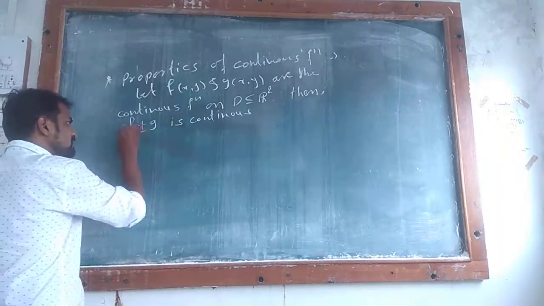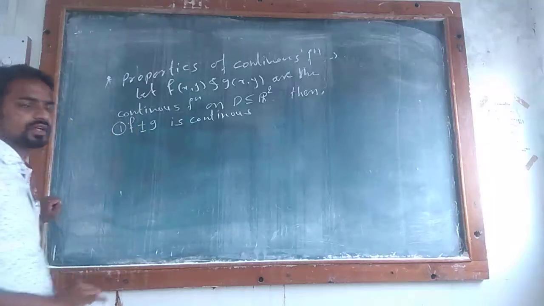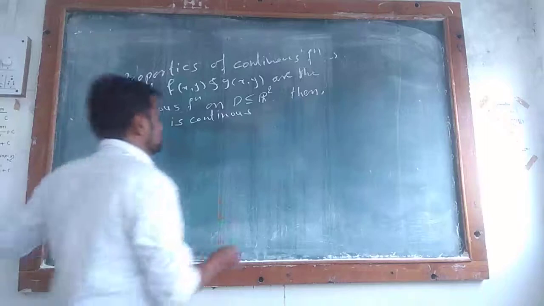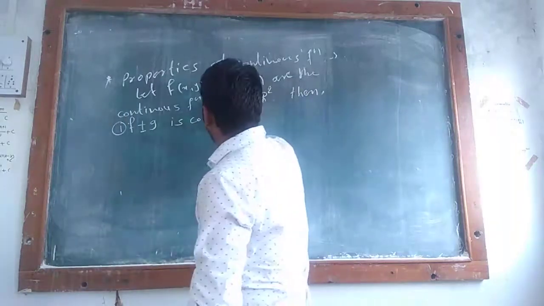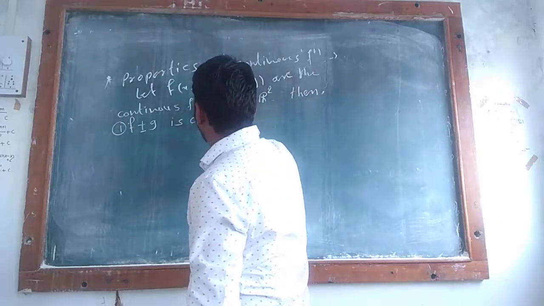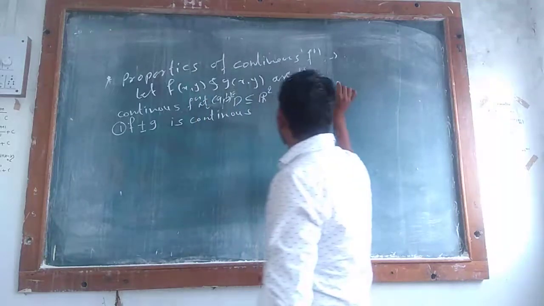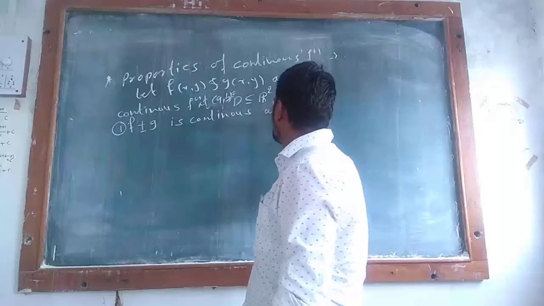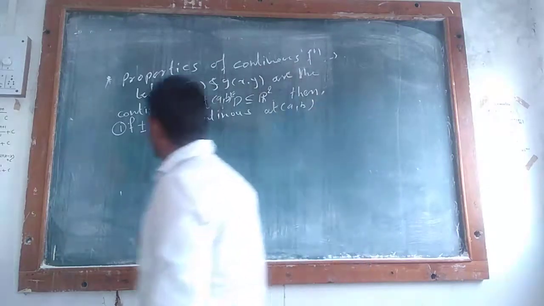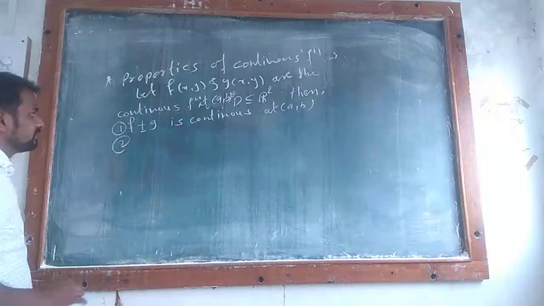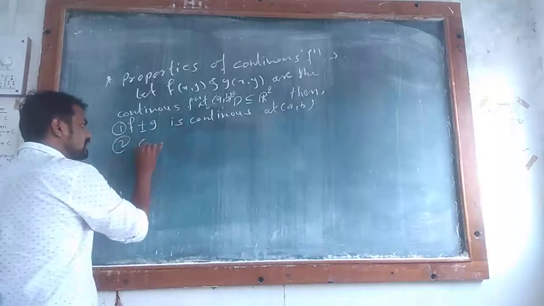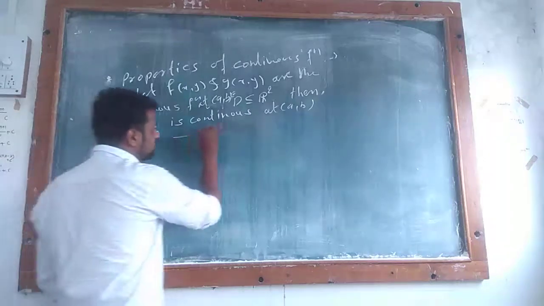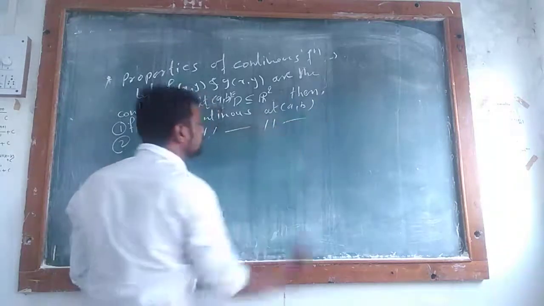Also, the subtraction of two continuous functions is again continuous at the point (a, b), where (a, b) belongs to D. Then f plus or minus g is continuous at the point (a, b). Second is scalar multiplication, that is, a constant times a function is also continuous at the point (a, b).